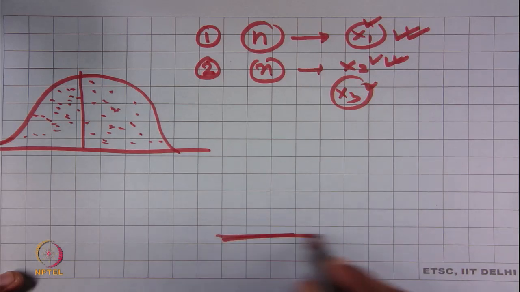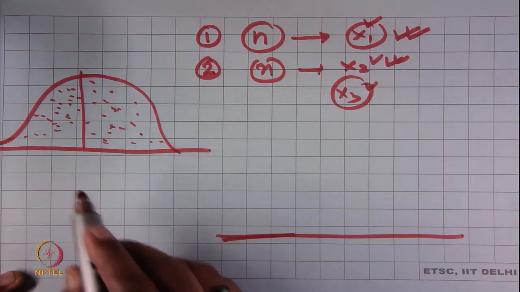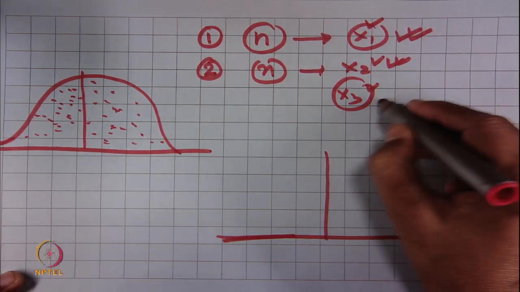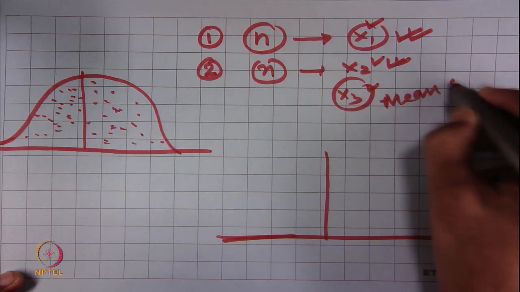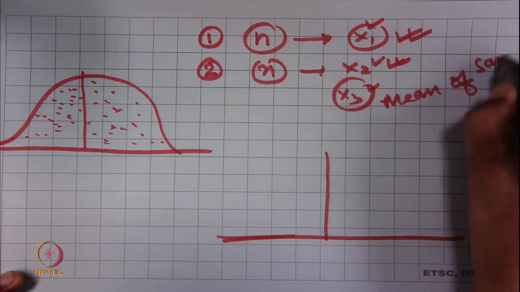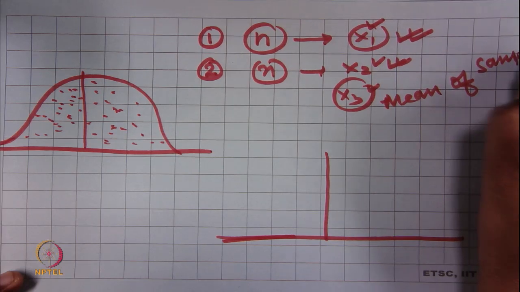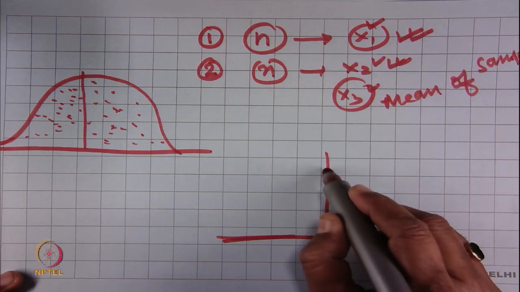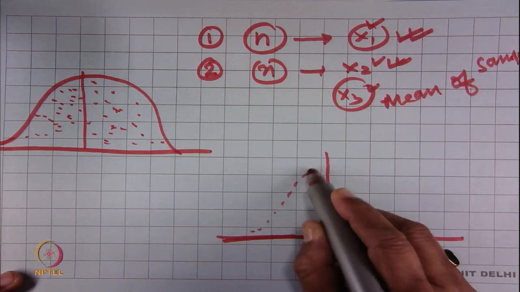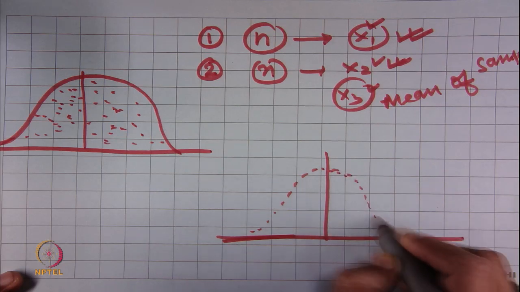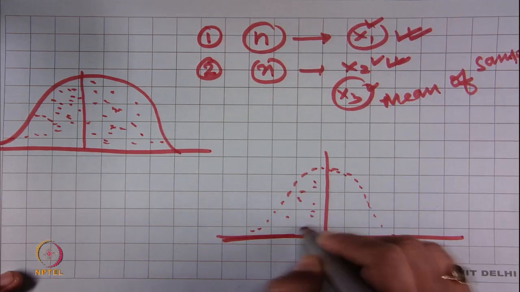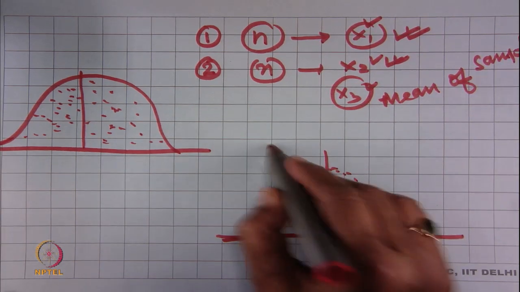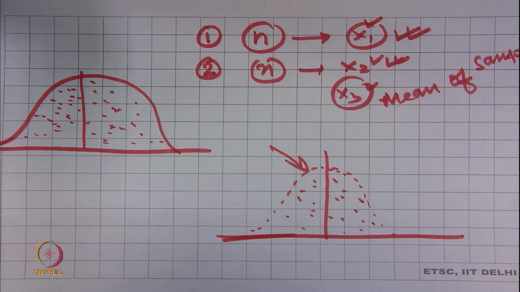If we plot the frequency distribution of these sample means, we get a similar distribution, and this distribution is known as the sampling distribution.